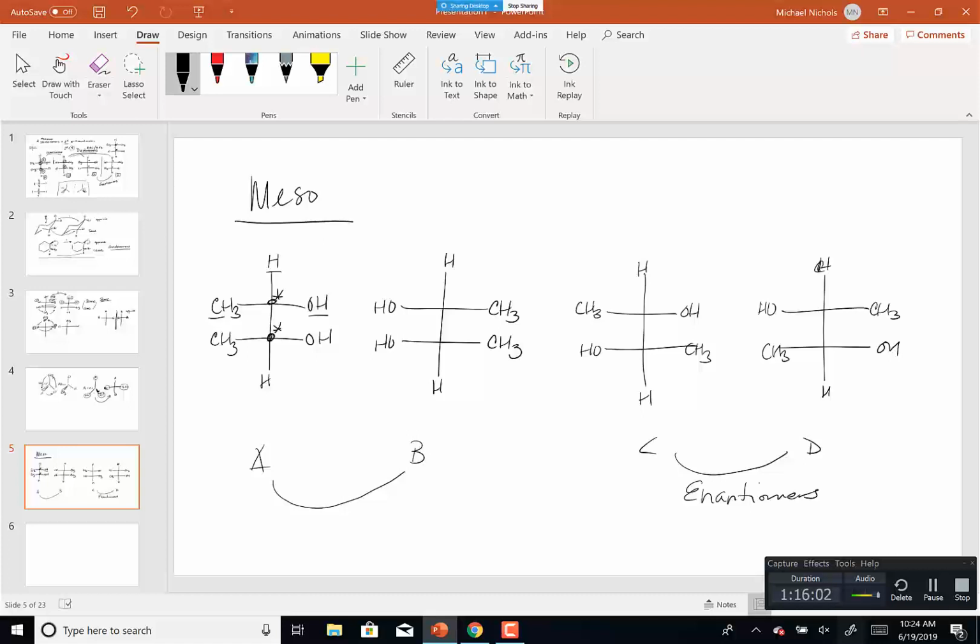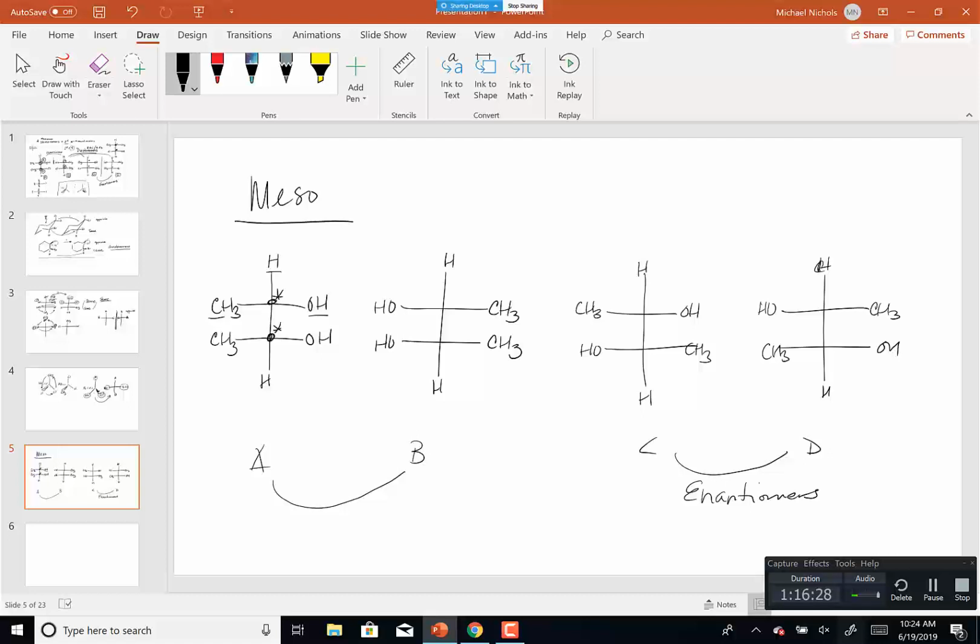What's the relationship between A and B? They are mirror images, correct? In order to be enantiomers, they have to be non-superimposable mirror images. Now, for A and B, can I superimpose those structures? Not if I just take them and slide them this way.